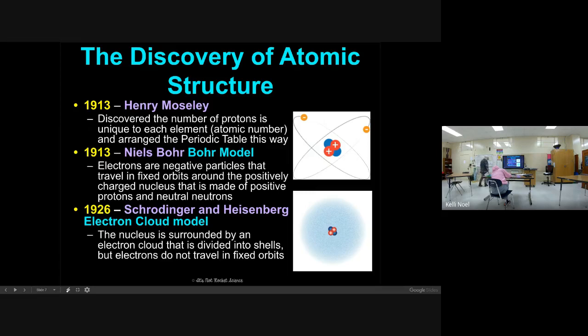They're divided into shells, which are kind of like levels, but they're not necessarily fixed. Based on if they lose or gain energy, they can bump up and down in different shells or levels. So the orbits aren't fixed. That gives you some history of the atom and how we came about to the idea that we have now.